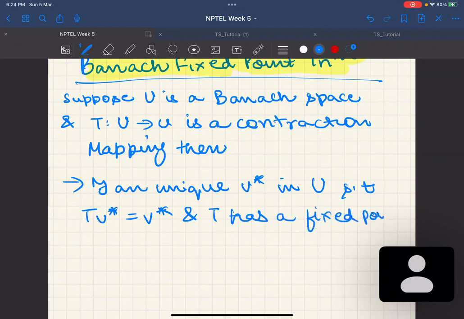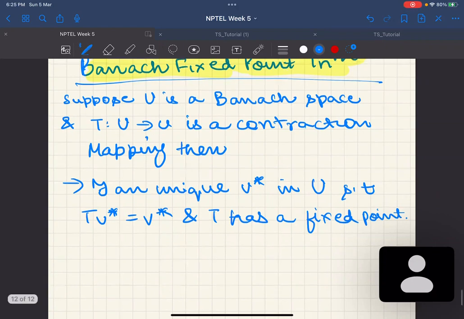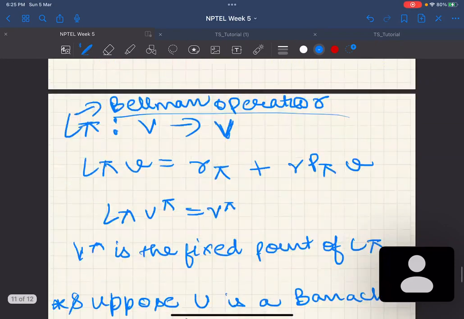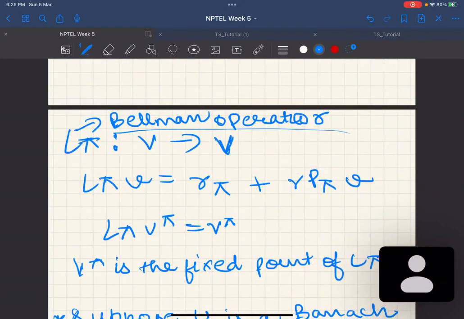Have you studied fixed points earlier? This is the first time I got exposure. Okay. A fixed point is where I'm applying again and again. Like L pi of V, I apply L pi on it again and again. I go to some point, then some point, and then I stay on that point only.